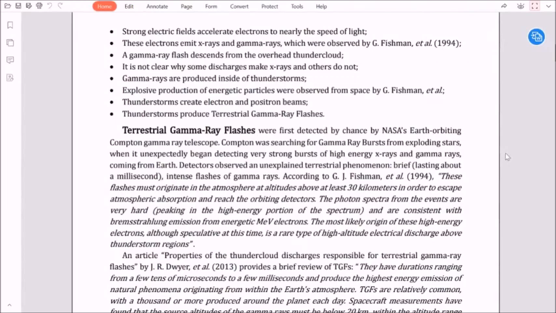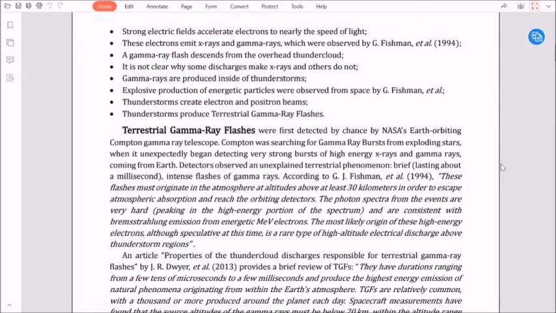According to Fishman, these flashes must originate in the atmosphere at altitudes above at least 30 kilometers in order to escape atmospheric absorption and reach the orbiting detectors.